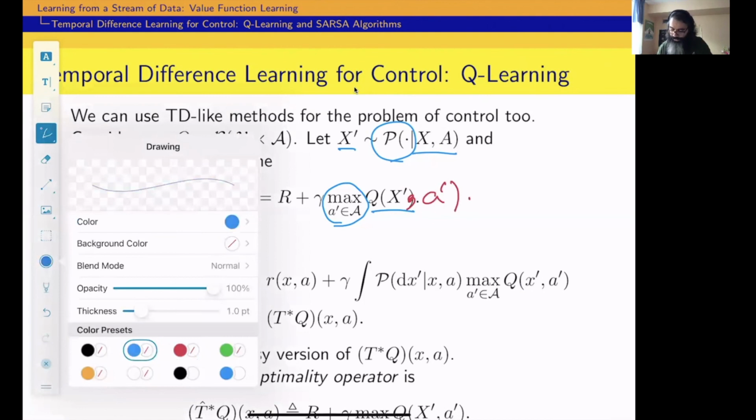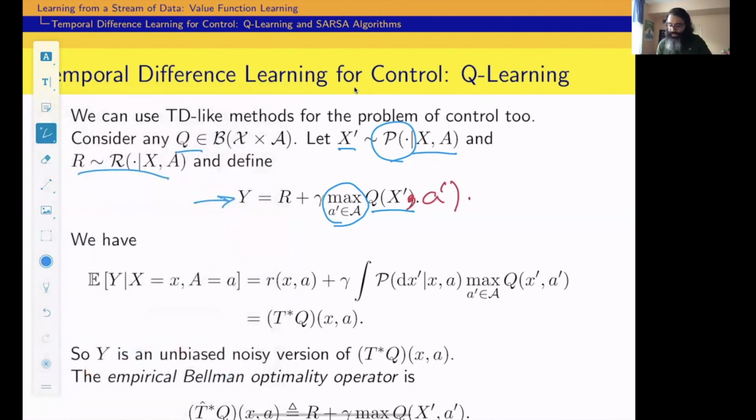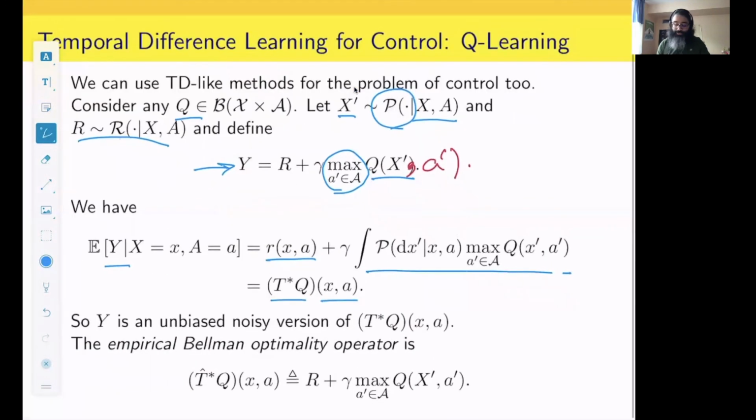If we do this and compute the conditional expectation, we get R of X and A plus gamma times this integral, which is essentially the integral that we had seen in the Bellman optimality operator for Q. So that would be T star Q evaluated at X and A. This basically shows that, similar to the policy evaluation case, Y is an unbiased noisy version of T star Q evaluated at X and A.